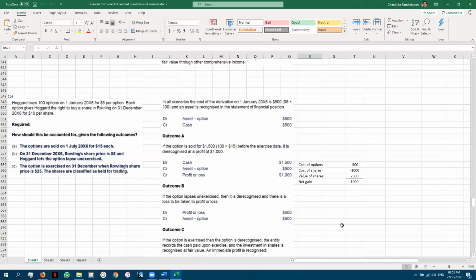That would mean paying to the market maker $10 for something which is actually worth $8. So if Hogarth really wanted to own shares, Hogarth would allow the option to lapse and he can pick up the shares at $8 in the market.